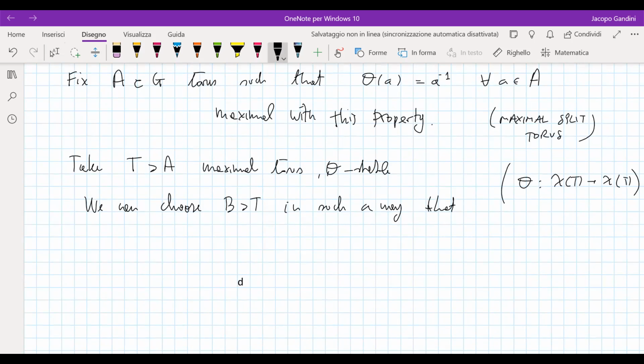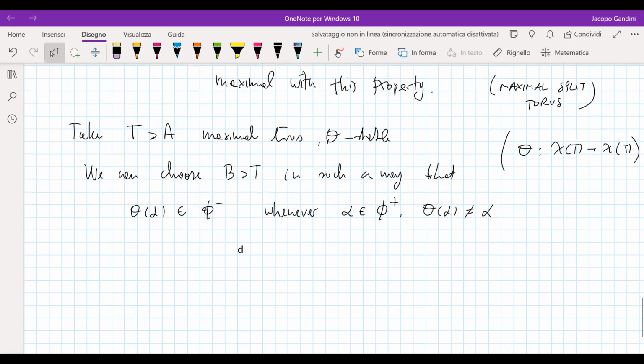So we have an action of theta on the characters, and we can choose a set of positive roots in such a way that theta of alpha is a negative root whenever alpha is a positive root and theta of alpha is different from alpha. This is essentially the canonical choice of a Borel subgroup in this setting.